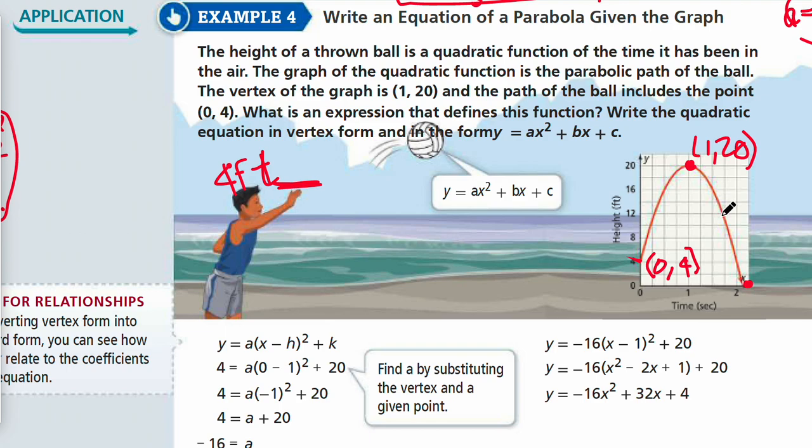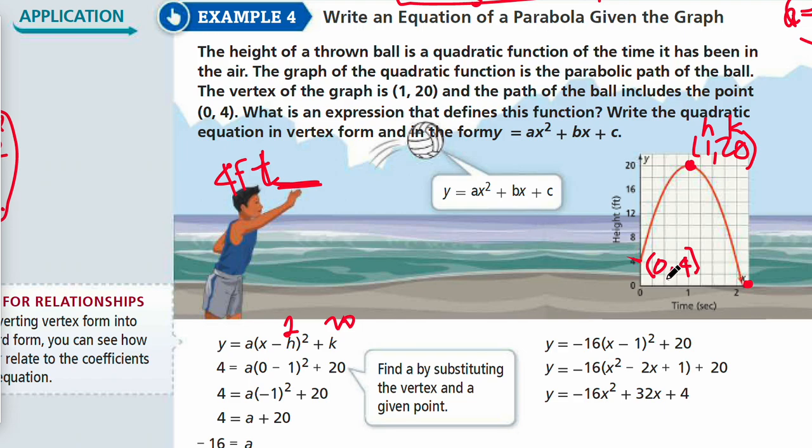Just like we did in example 3, we're going to start with step 1, putting the vertex (h, k) into the equation, and solving for a in step 2. Your vertex, which is (1, 20), which they specified, will go right here. h is 1, k is 20, so put it in there.